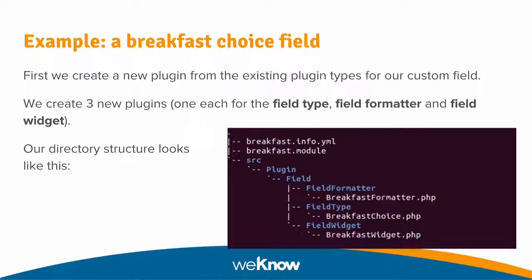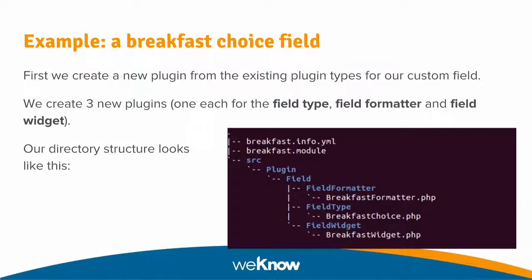So we have a module, we have an info YAML file, and then we have the folder structure. We have a source, the plugin, it's a field. Like we saw before, we have three different pieces: the field formatter, the type, and the widget. Type is the one that has all the information about where I store it and what it does.